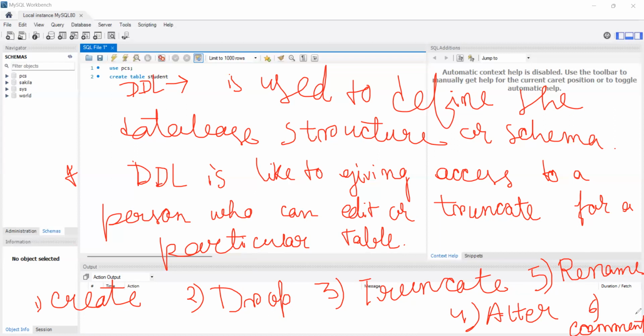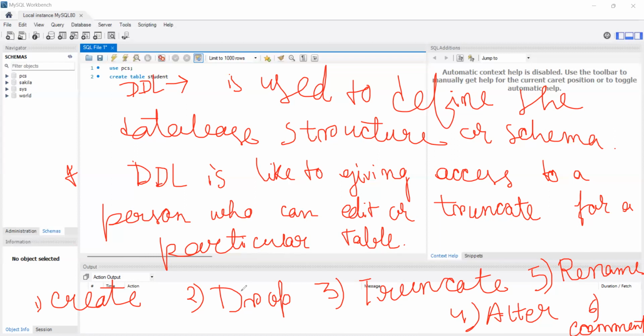This is the DDL commands in SQL. Write it.